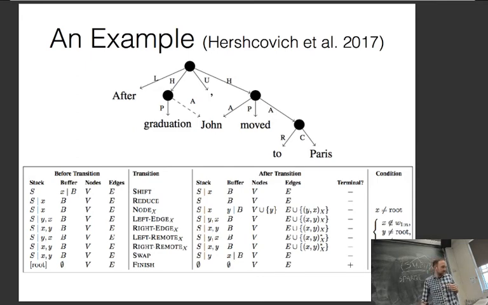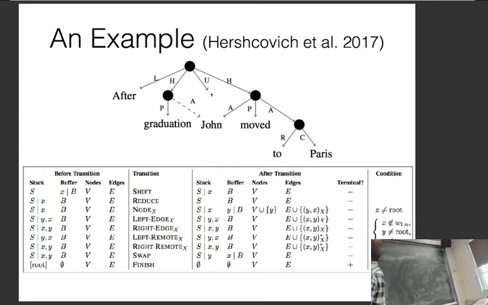So here's an example for the UCCA graph. The UCCA graph has these internal nodes that are all linked to words. And it has the normal transition system where you can do shift and reduce, for example.